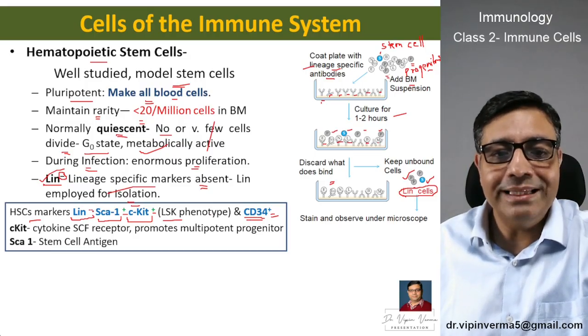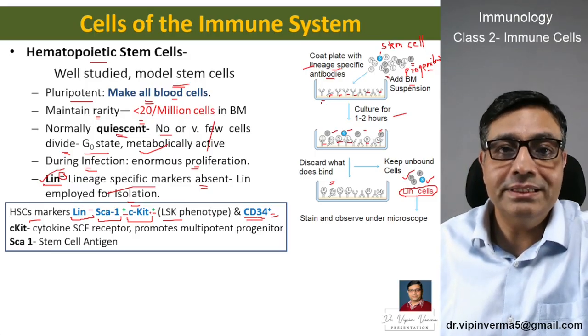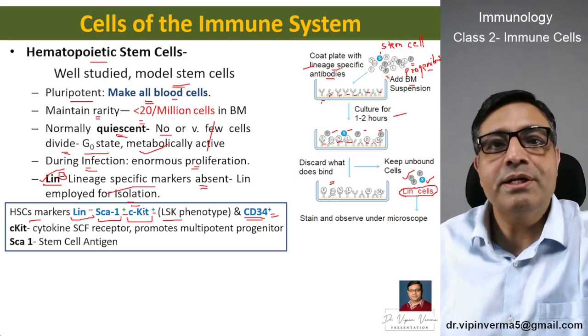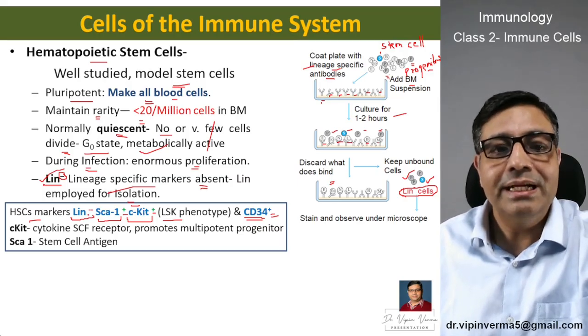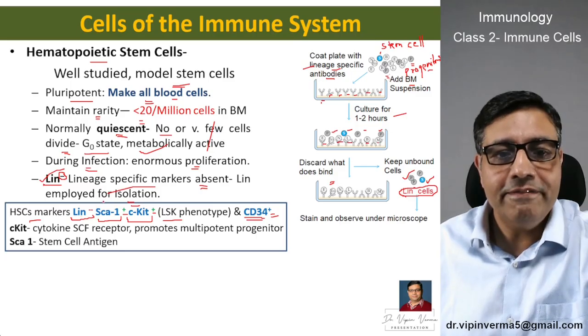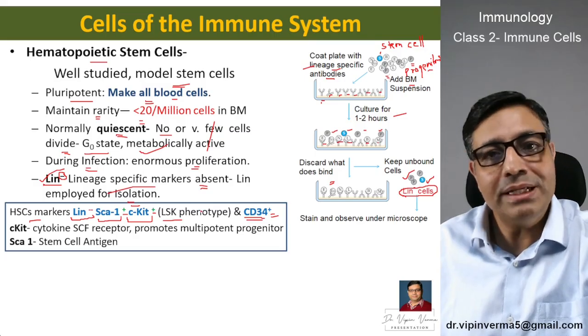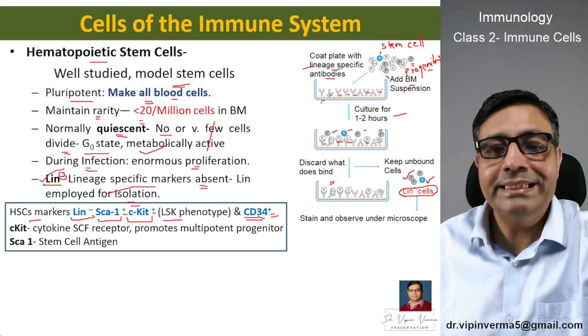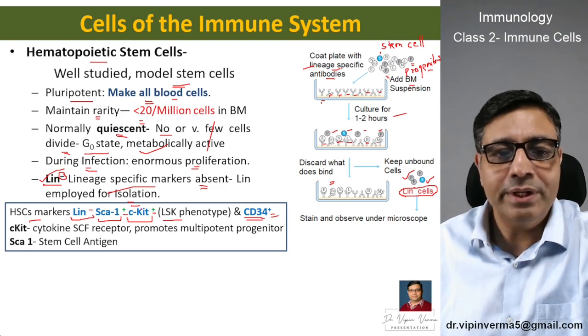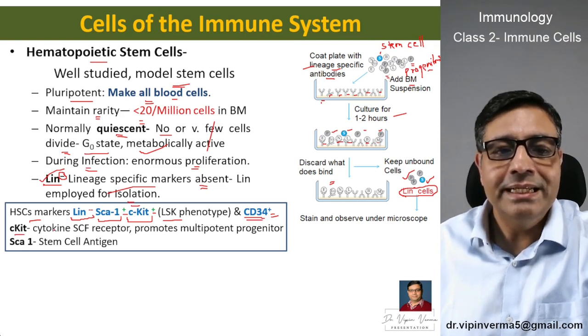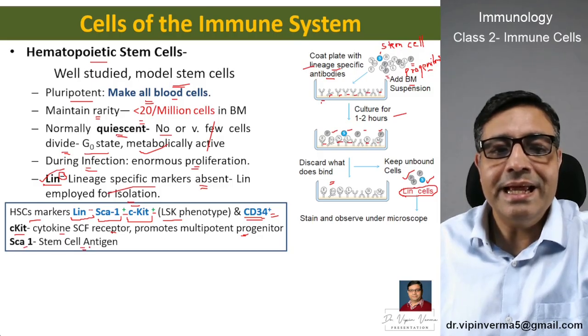Together, the characteristics of the hematopoietic stem cells are lin negative, SCA1 positive, c-kit positive. That means they show the LSK phenotype, plus they are CD34 positive. Now the c-kit is a cytokine SCF receptor which promotes the multipotent progenitor, and SCA1 is a stem cell antigen.